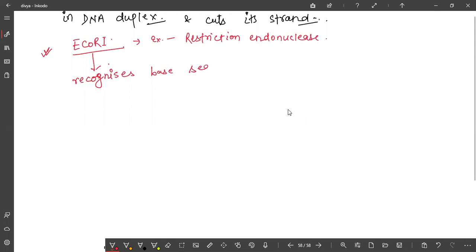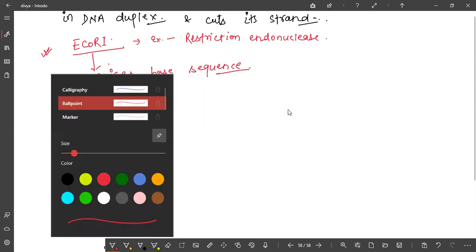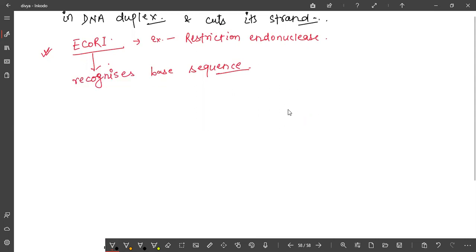Because when this enzyme is used to cut the DNA, firstly it will find its recognition sequence, and after recognizing its sequence, it simply cuts the DNA. So this enzyme has its recognition sequence.